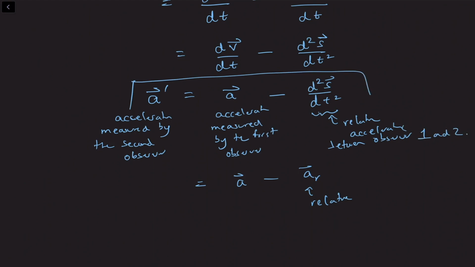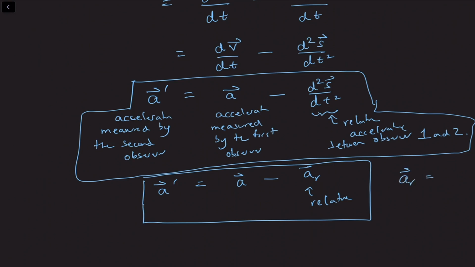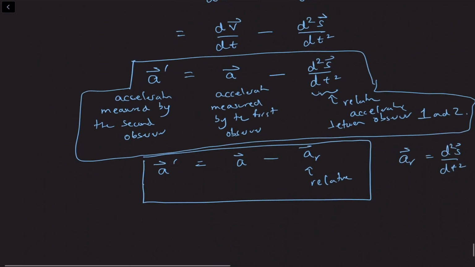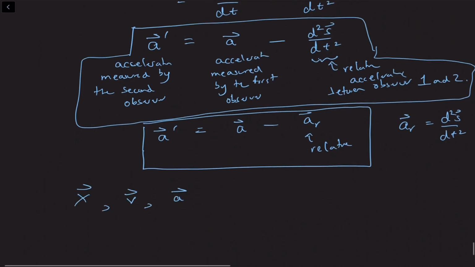So this is the dictionary that relates acceleration. So we learned a third word now. The third word of our dictionary, after position and velocity, is acceleration, and we learned how to translate accelerations between different observers.